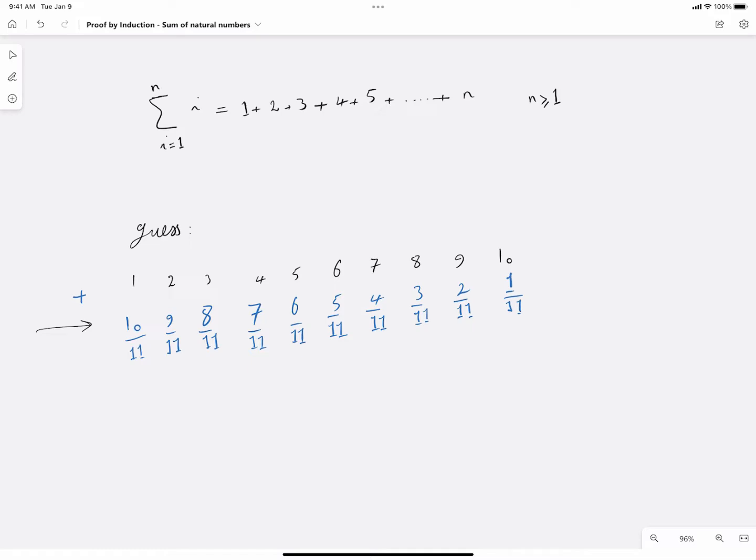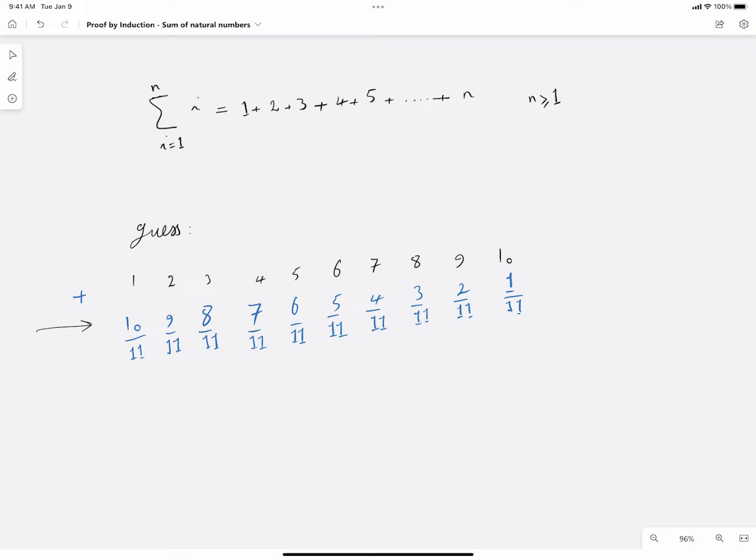So I see 10 times number 11, which is 110 as the summation. However, I added the numbers 1 to 10 twice, so I have to divide 110 by 2, which gives me 55.